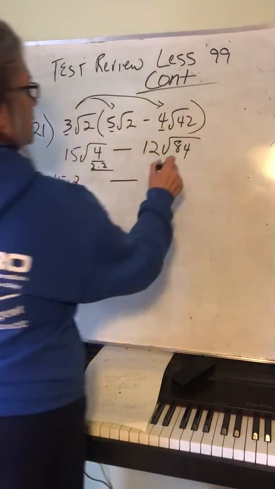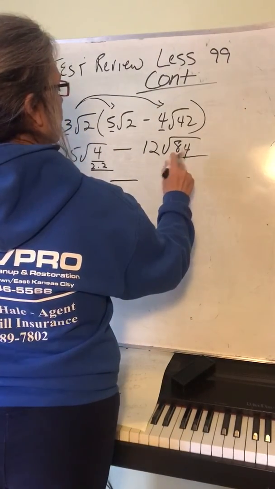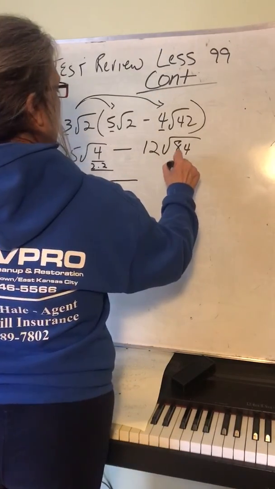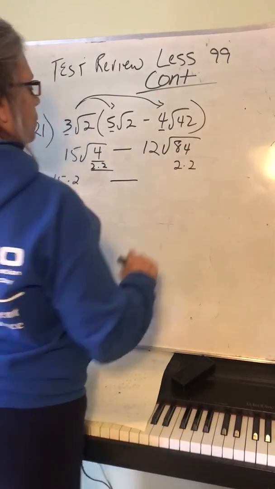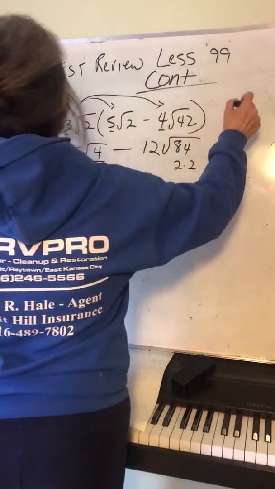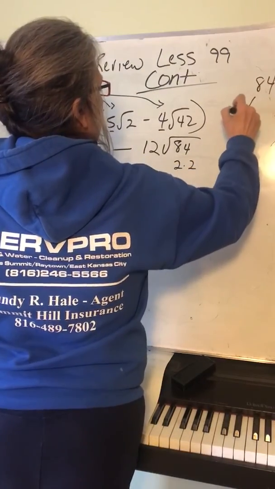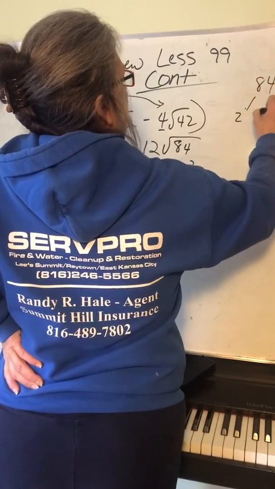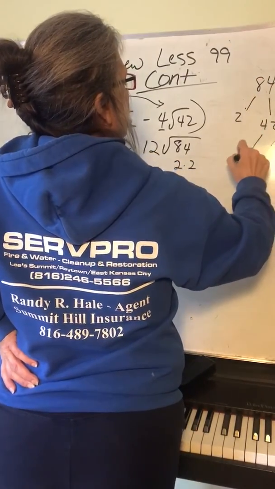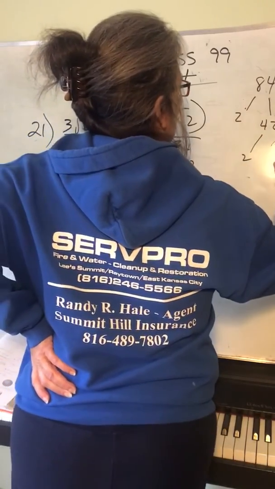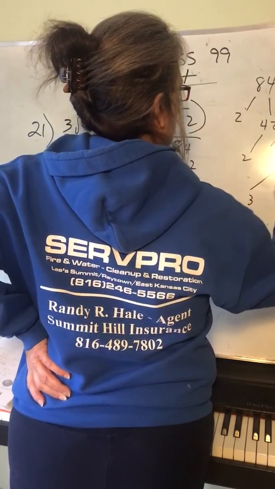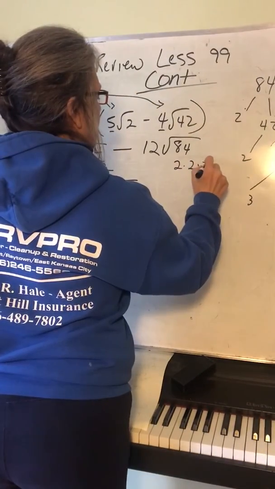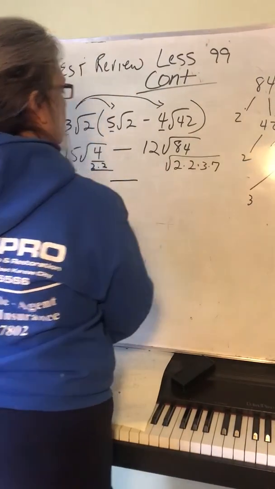Minus, what's this going to be? Prime factorization. Let me do the little factor tree here. 2 and 2, 4. 2 times 42, 2, 21, 3, and 7. That should be it: 2, 2, 3, and 7 underneath the square root.